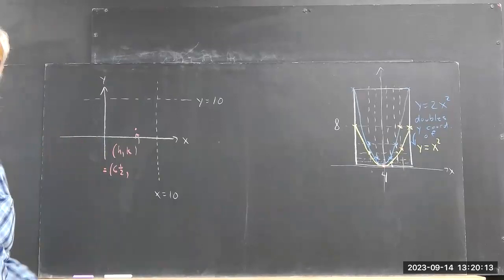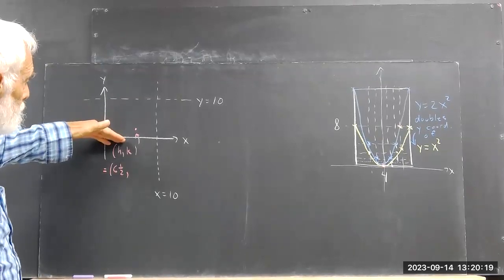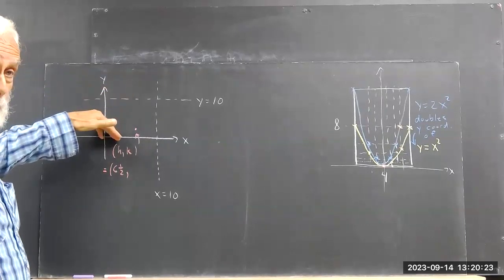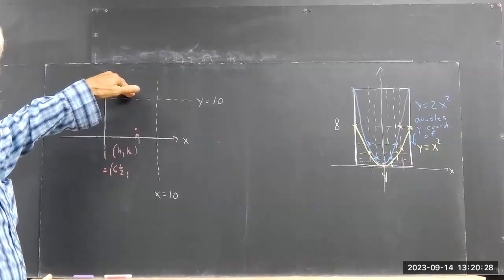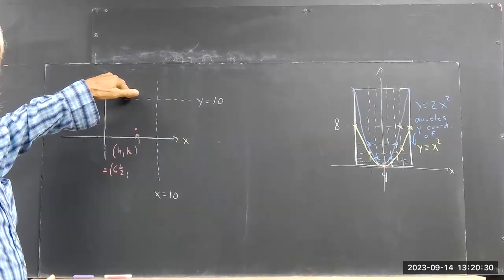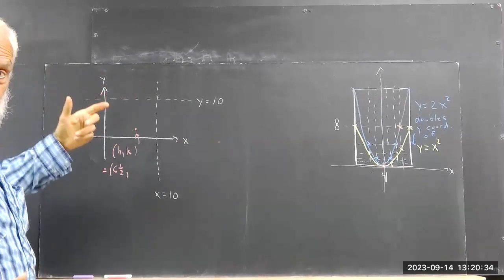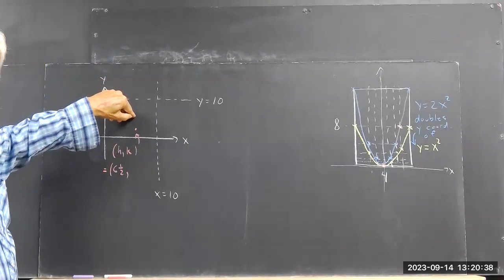What's k? Here's 0, here's 10. Is it closer to 10 or 0? Thumb up or thumb down? Closer to 10? Okay, closer to 0, clearly. Now 5 is halfway between, so 5 is about here, right?